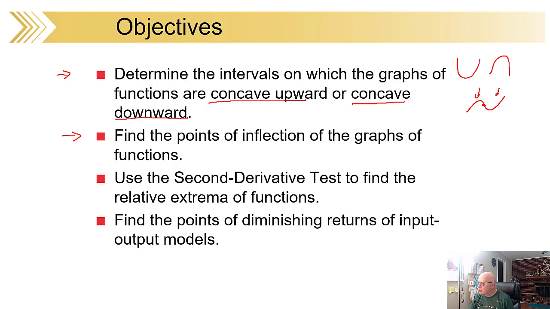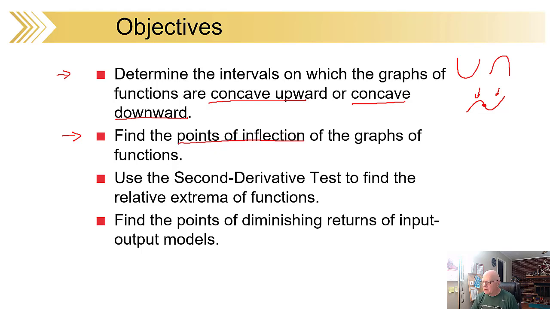And the place where it switches is called the point of inflection. Now, you're not too concerned about this, although there is one thing that's important about it. But the naming itself, the point of inflection, is not a big deal for you in business calculus. But you do need it for something that's coming up, and I'll hold that back.